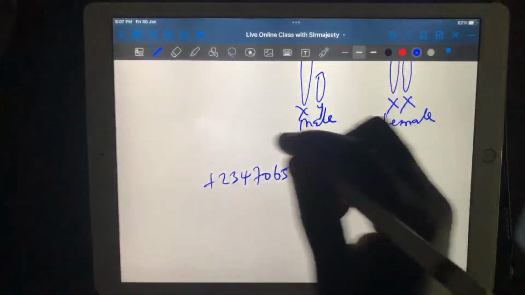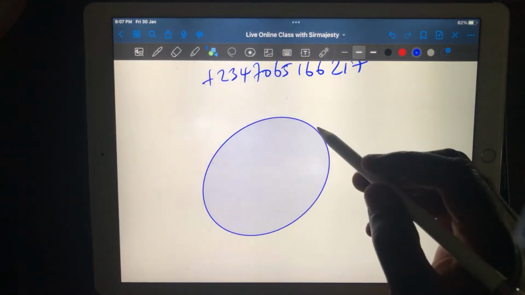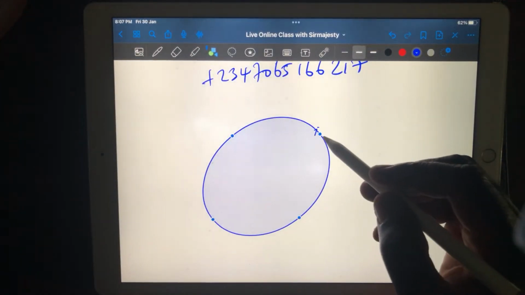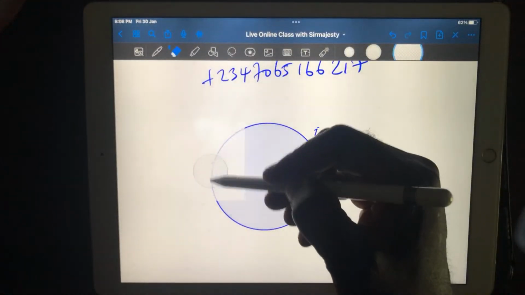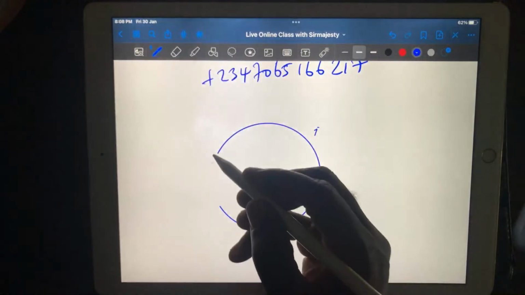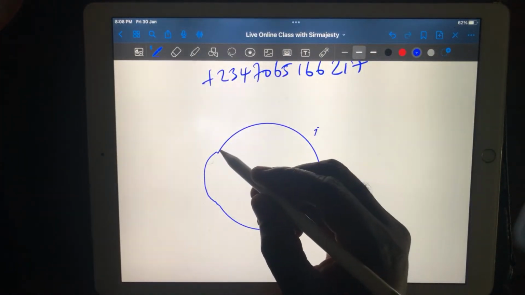So in case this happens to be the human eye, it appears like this, where we have this, then we will have layers.